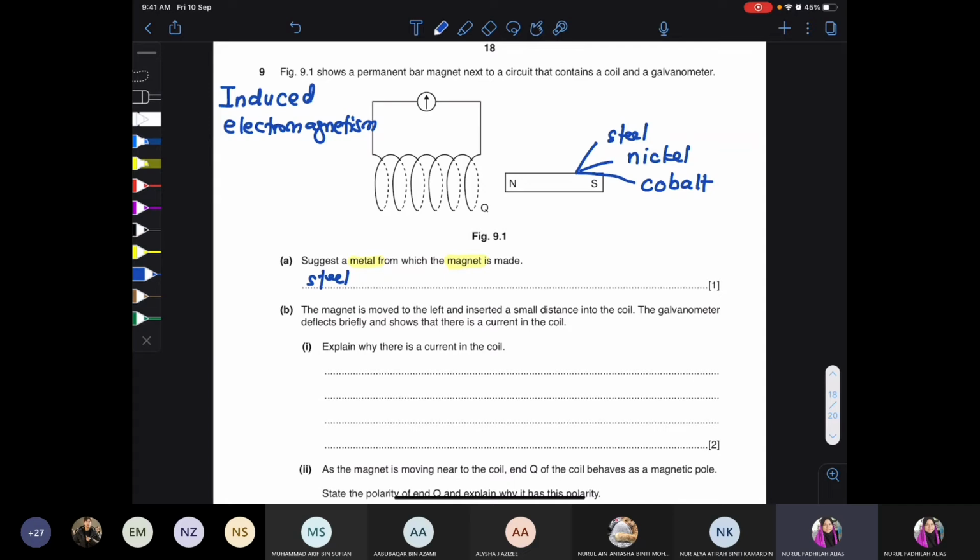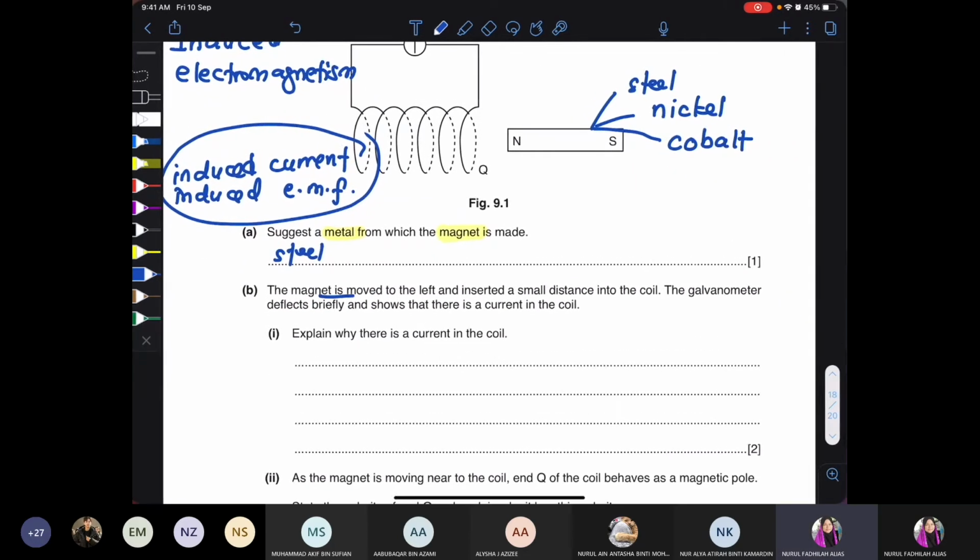Induced means it was not there, we want to make it happen, we produce it. So for this one, we want to induce current, or we want to induce EMF.